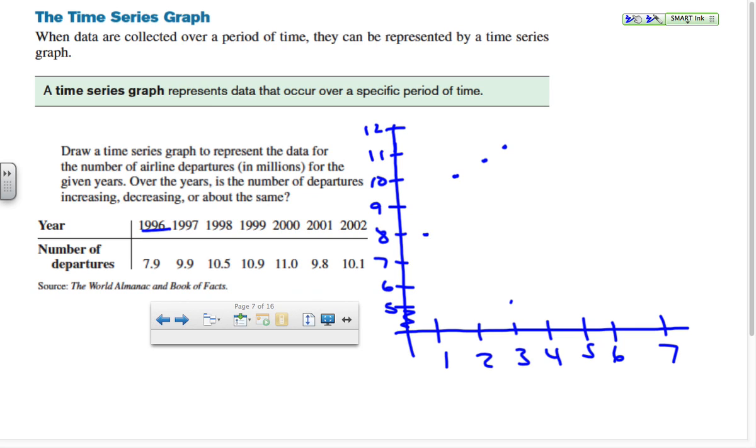So year 4, I'm at 11. Oh, and year 4, I'm at 10.9. And then year 5, I'm at 11. And I'm going to go down to 9.8. And up slightly, 10.1.